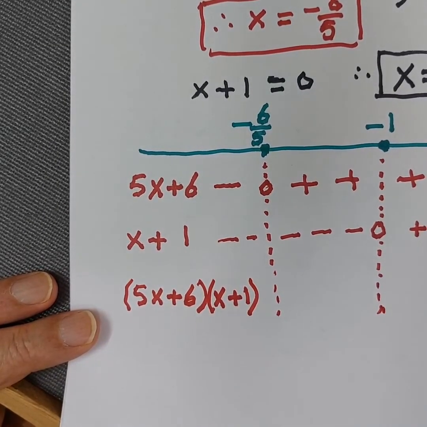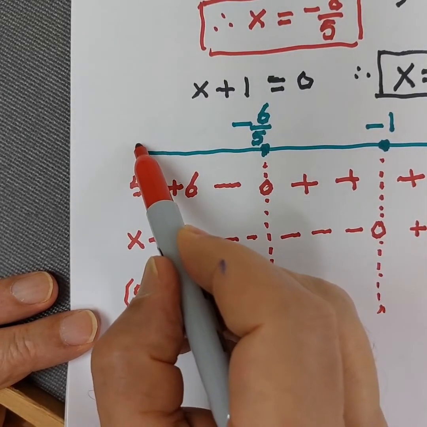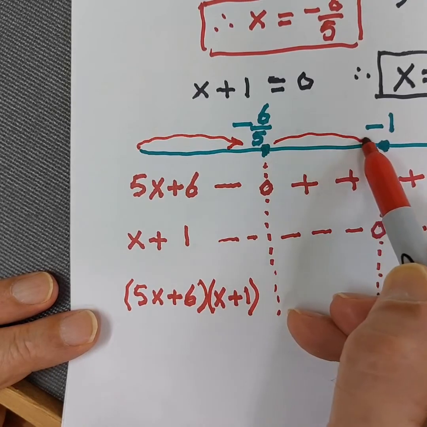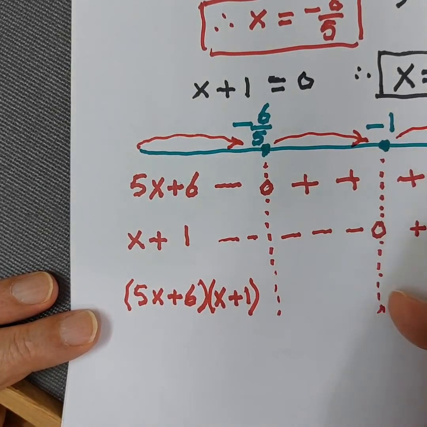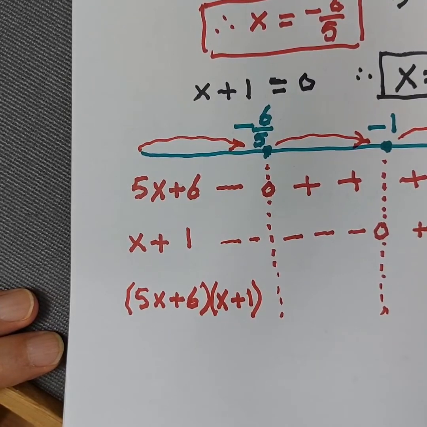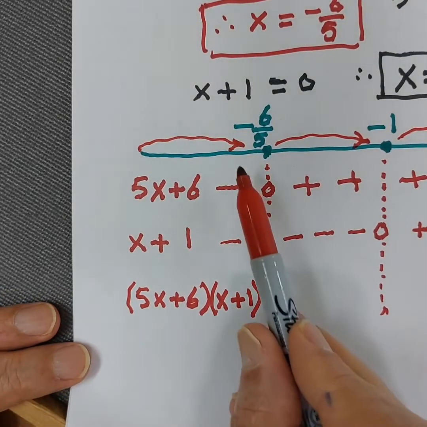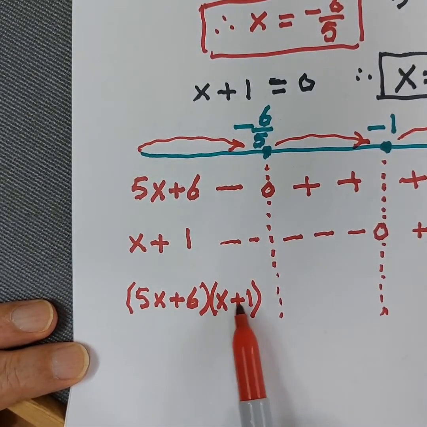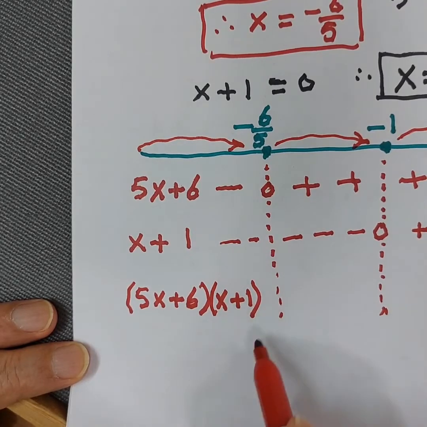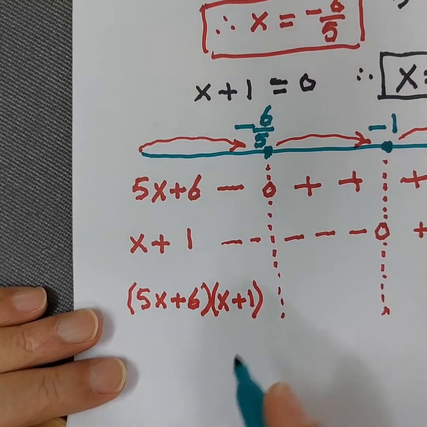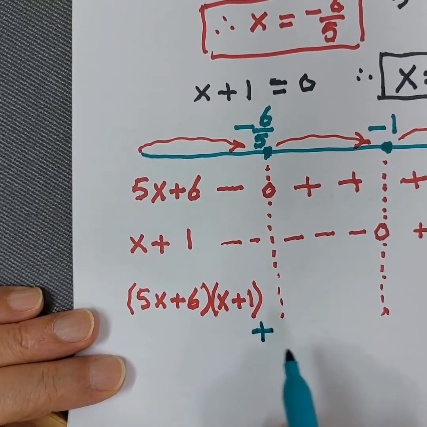We have 3 parts, this part, and this part, and this part, the real number line divided into. In the first part, what will the sign be? Here negative and here negative. So multiplying negative by negative will give me positive. So the sign will be positive here for the result of multiplication.